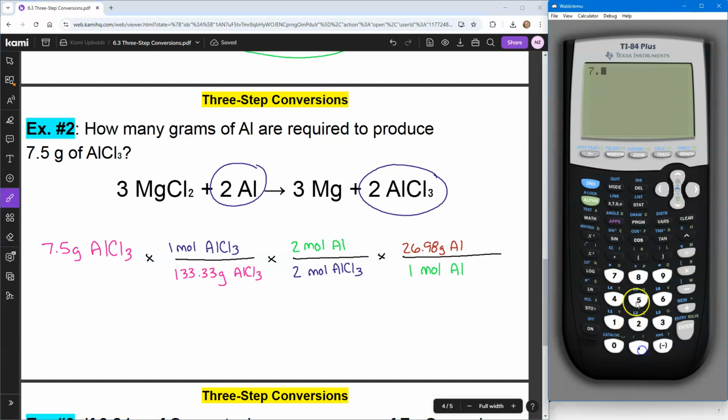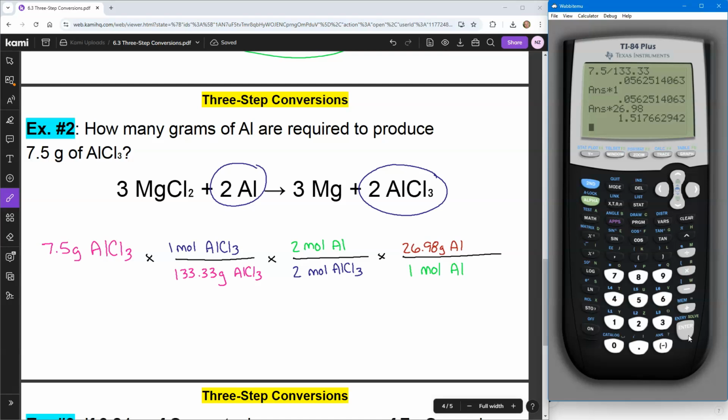So we've got 7.5. 133.33 is in the denominator, times 2/2, which is the same as 1. And remember, if you multiply a number by 1, you're just going to get the same number. Times 26.98 over 1 is just going to be times 26.98. Okay, so there's our answer.